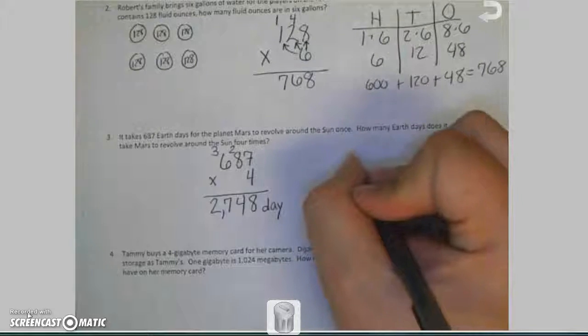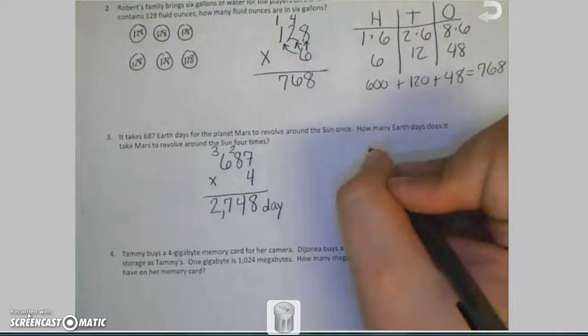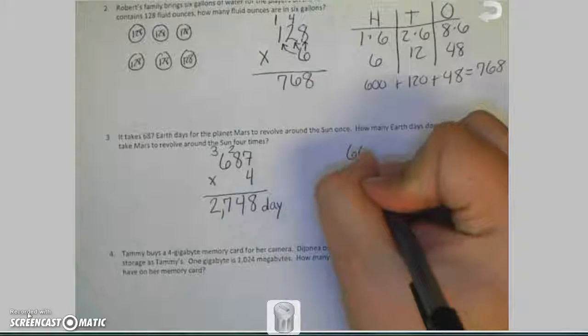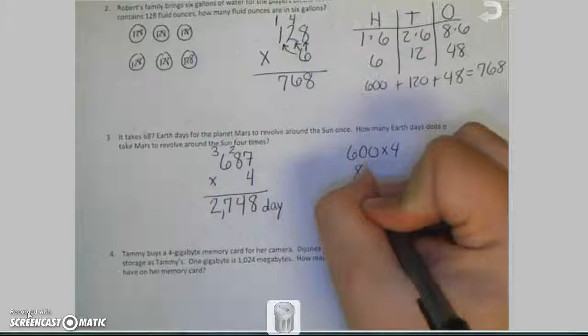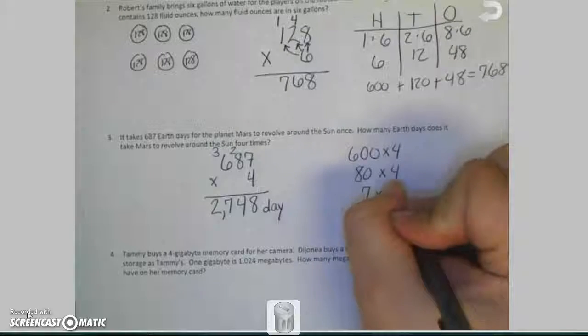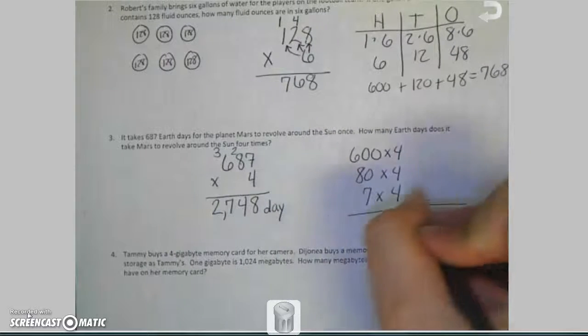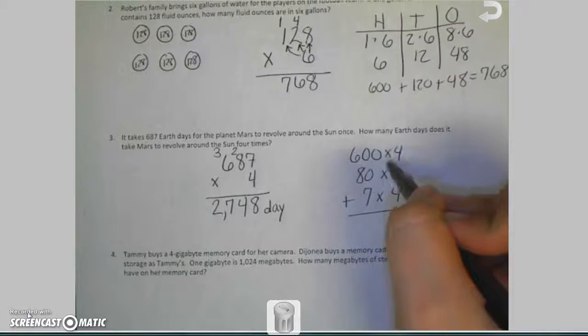Again, I could check this. I'm going to check this using my partial product. So I'm going to take 687 and break it apart by place value. So 600 times 4, 80 times 4, and 7 times 4. So this makes my 687, and I'm multiplying each by 4.